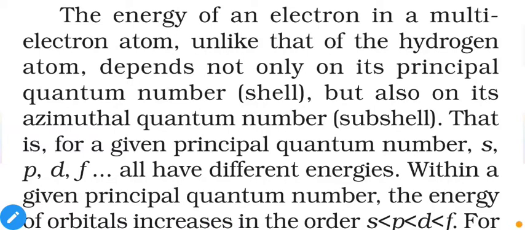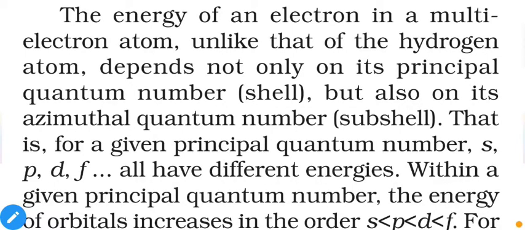As mentioned earlier, increasing principal quantum number represents increasing energy. The same is applicable with the azimuthal quantum number. Increasing azimuthal quantum number value represents increasing energy. Now we know that L equal to 0 represents s orbital, 1 represents p, 2 represents d, and 3 represents f orbital.